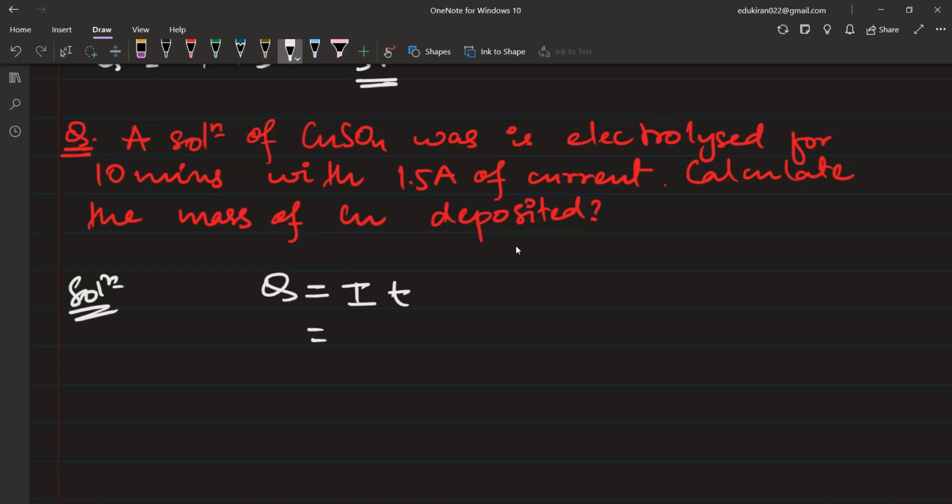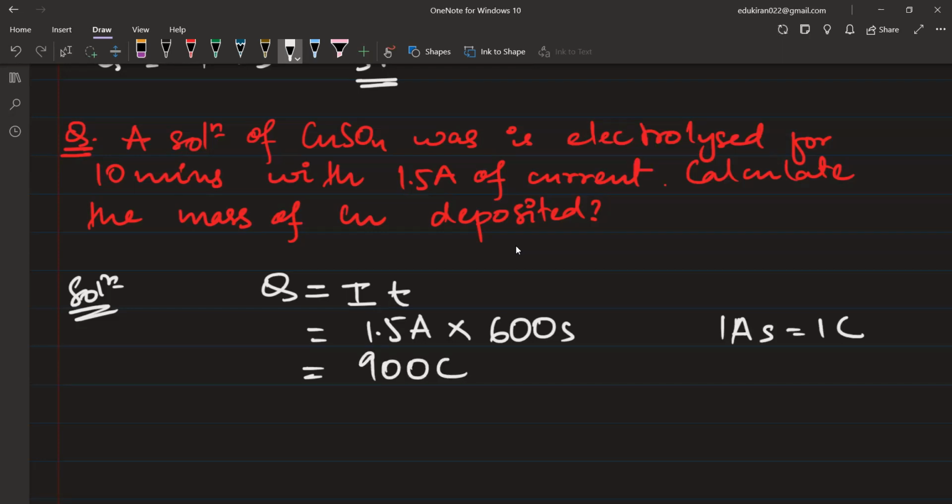What is the current here? The current is equal to 1.5 amperes. Into time in seconds, it is equal to 600 seconds. Now, 1 ampere second is equal to 1 coulomb. And this is going to give you 900 coulomb of charge.